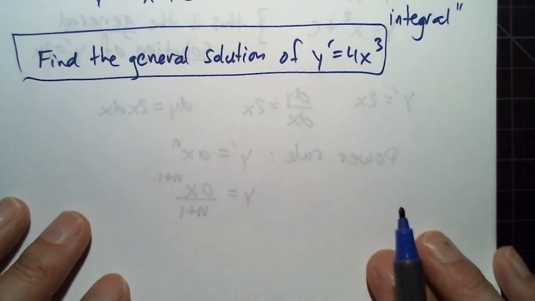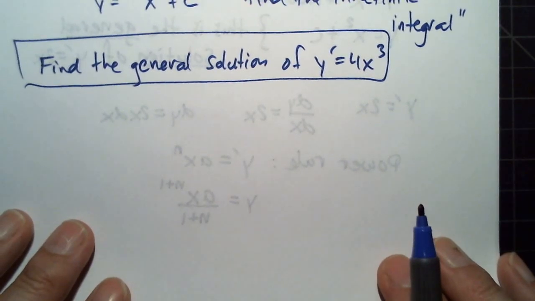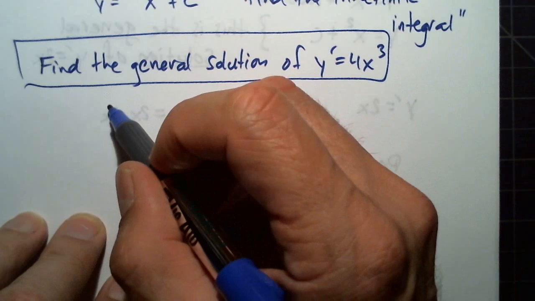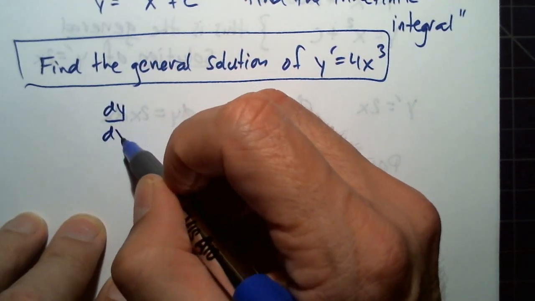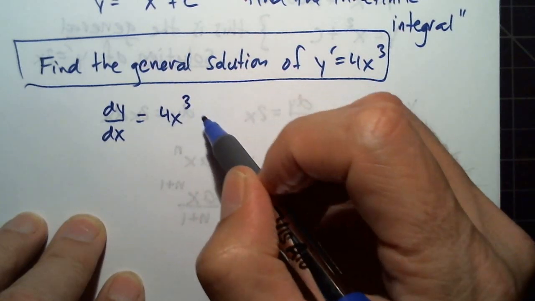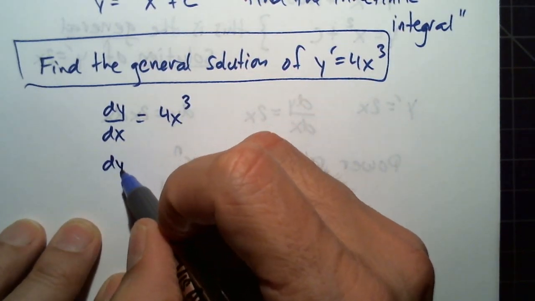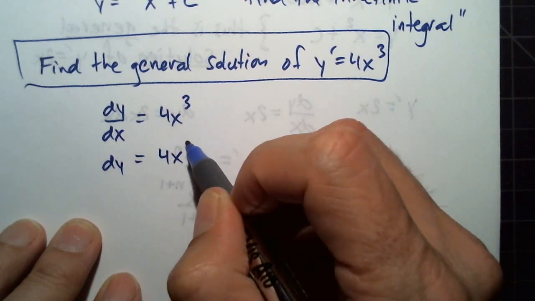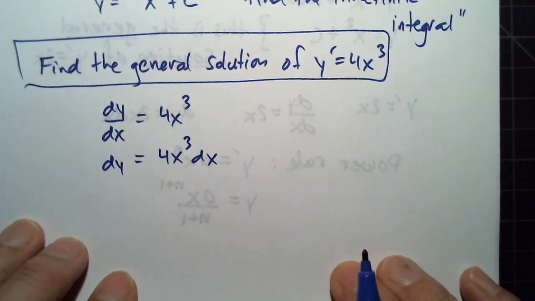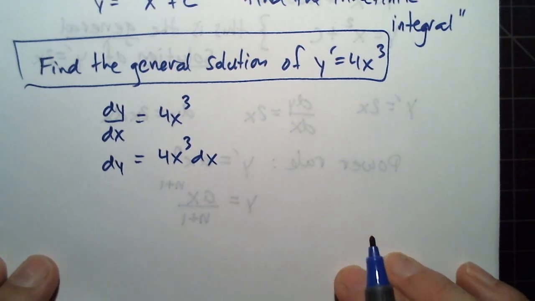Pause the video, try that problem. So we want to make sure we rewrite it as dy dx equals 4x cubed. And then we separate the variables. We want everything with an x on the right, everything with a y on the left.